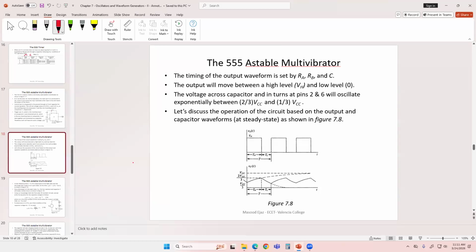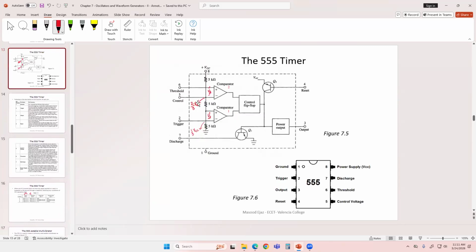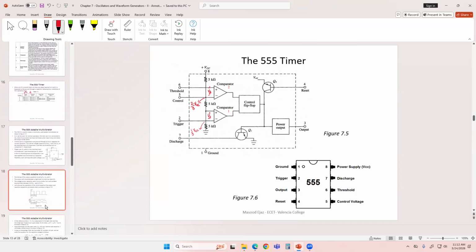It will oscillate exponentially between 2/3 of VCC and 1/3 of VCC, because the condition on those two pins, as we discussed, is going to change when the voltage here exceeds or reduces below 2/3 of VCC, and the same thing with comparator number 1. The condition is going to change at 1/3 of VCC. It's going to go high or low below that.